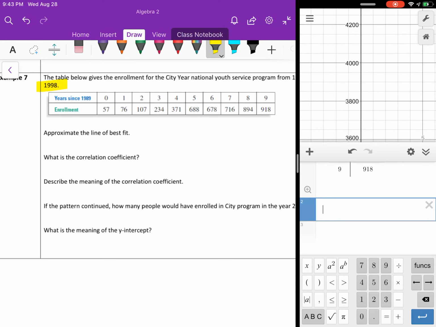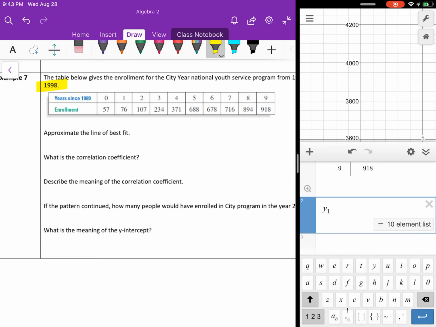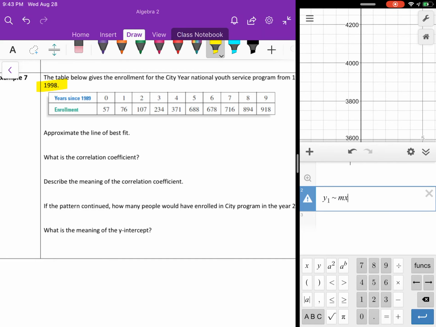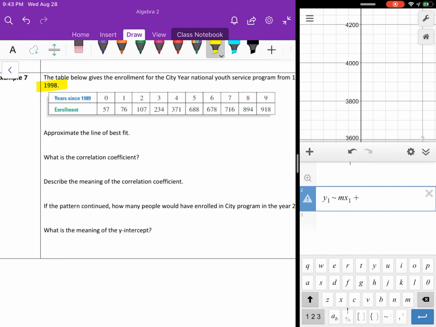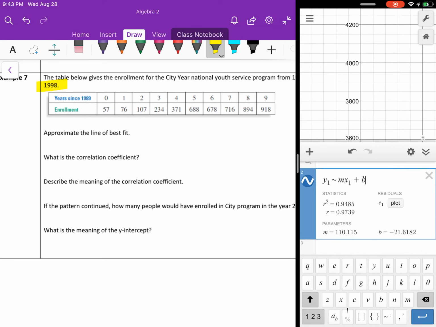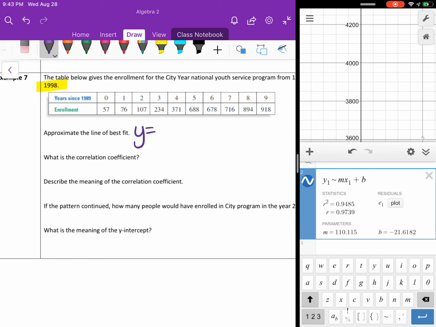Okay, so once you get your data in, then you do y sub 1 is approximately equal to m x sub 1 plus b. And that gives you the data that you need. So then your approximation line is y equals mx plus b, where the parameters down here are your m.